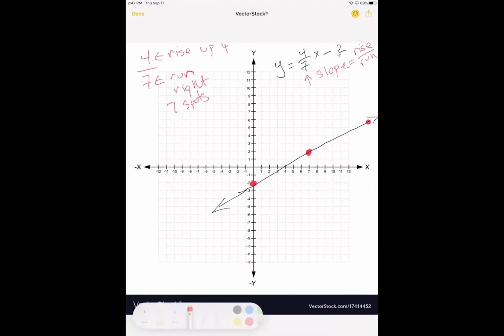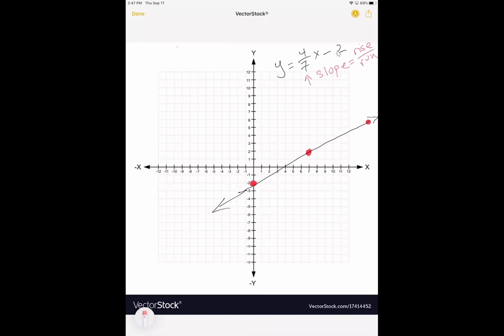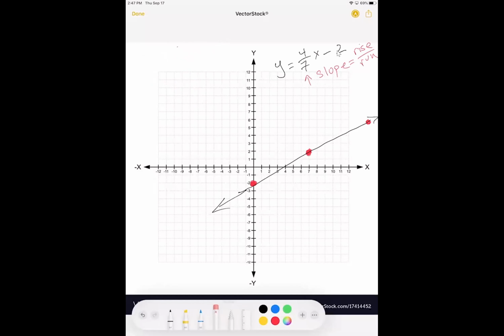So I have a question. Yes. I see where you got your -2. I see how you got your 4 over 7. What about that red one way up top? It basically tells you that if you keep going up 4 over 7, you will get the same point.